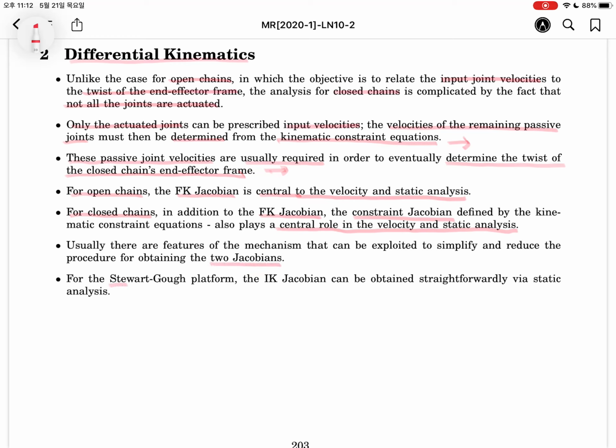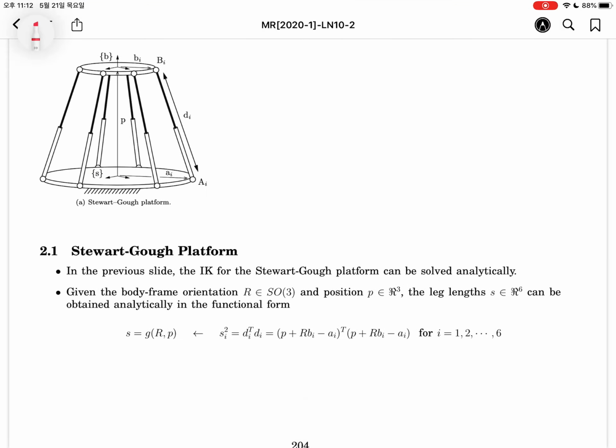Okay, let's take the Stewart platform. We have dealt with it in the previous lecture. I will review the structure of the Stewart platform. We attach the fixed frame here and the body frame here on the moving platform.